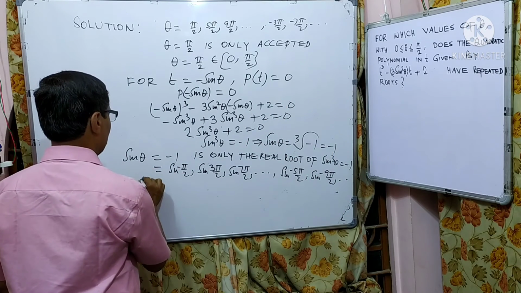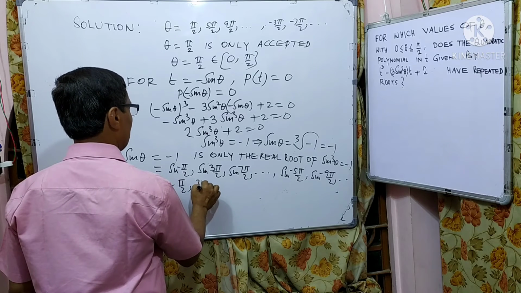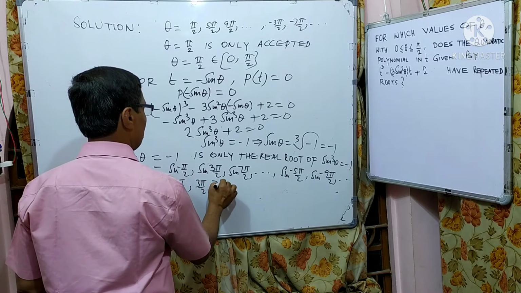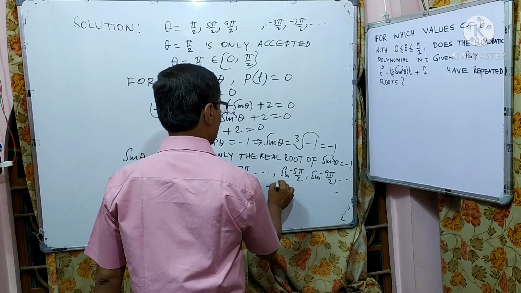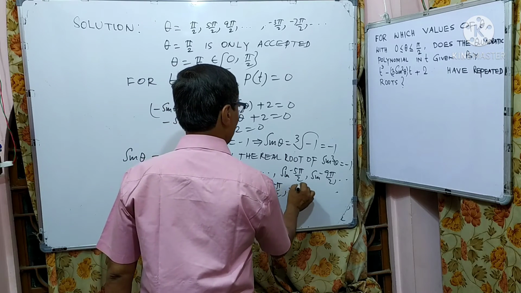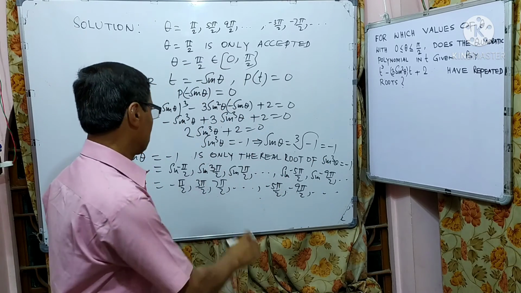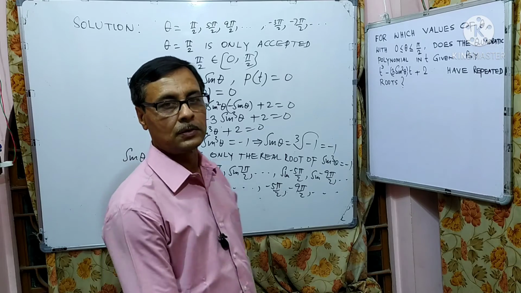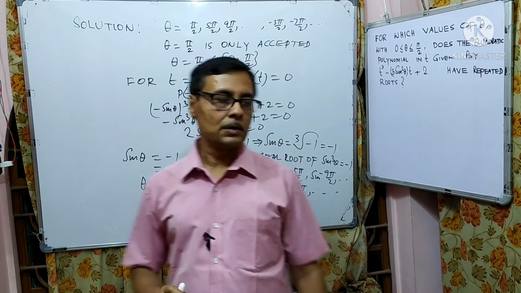So theta equal to minus pi by 2, 3 pi by 2, 7 pi by 2, minus 5 pi by 2, minus 9 pi by 2, and so on. There are infinite number of roots for theta when sin cube theta equals minus 1.